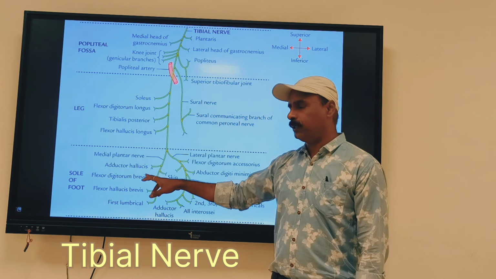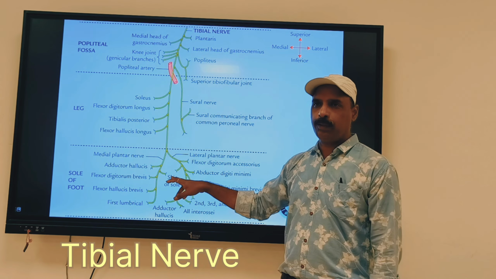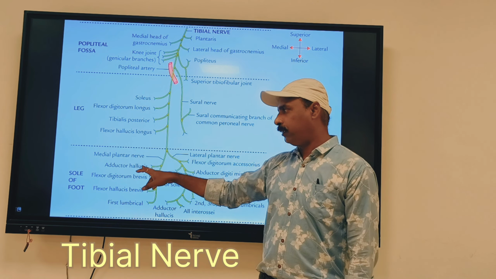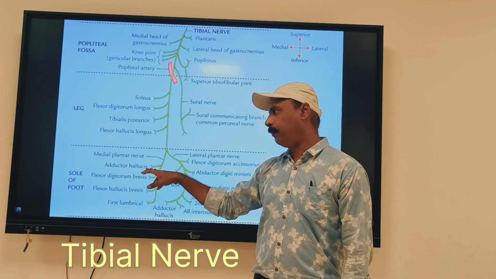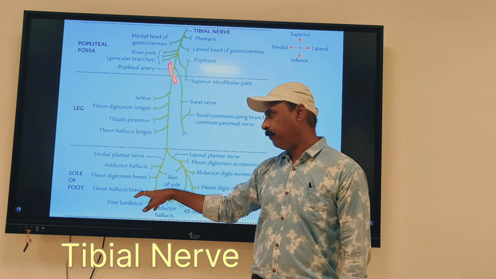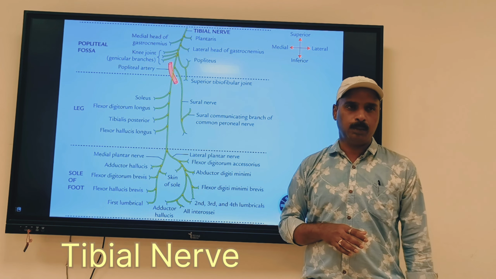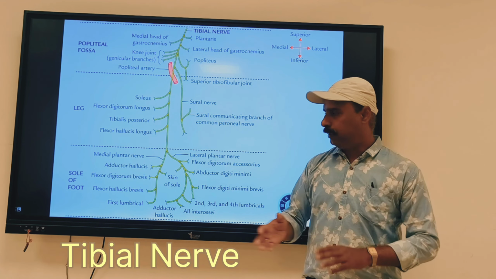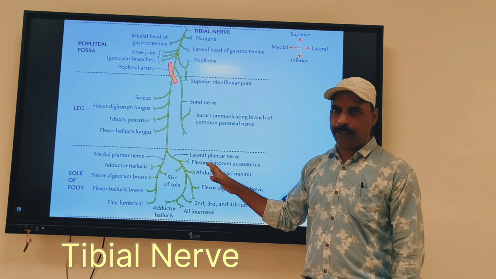All the muscles of the sole are supplied by them, including the cutaneous branch to the skin of the sole, and the deep muscles such as adductor hallucis, flexor digitorum brevis, and flexor hallucis brevis. We are going to study these. There are 18 muscles in the sole, whereas in the hand there are 20 muscles, and we will study the sole muscles separately.